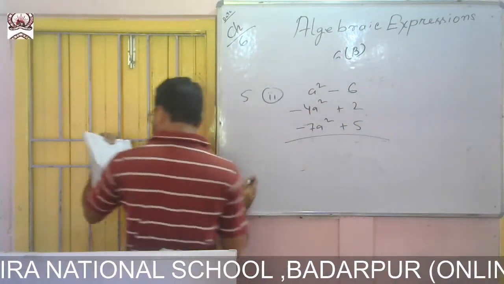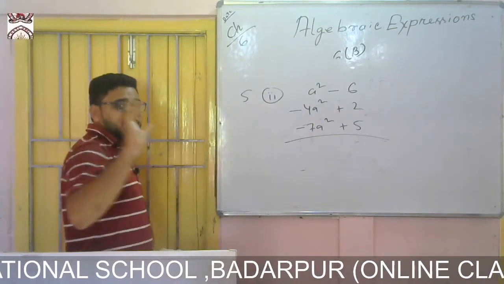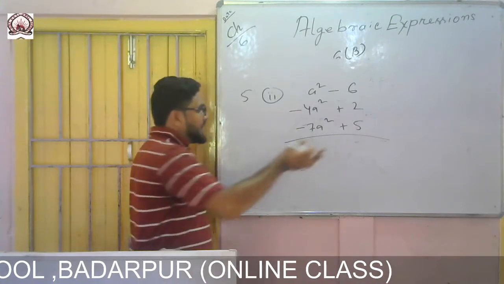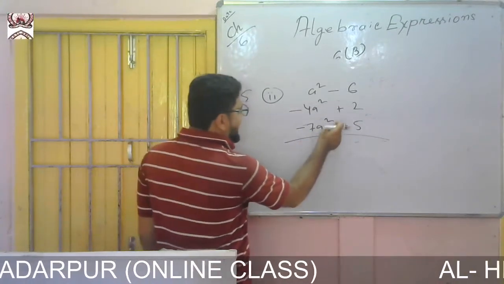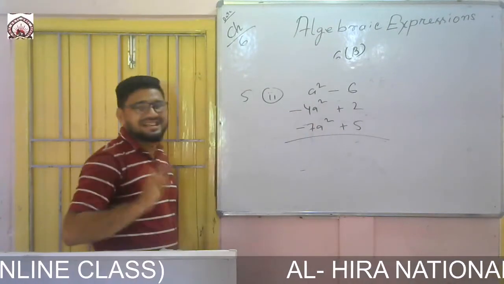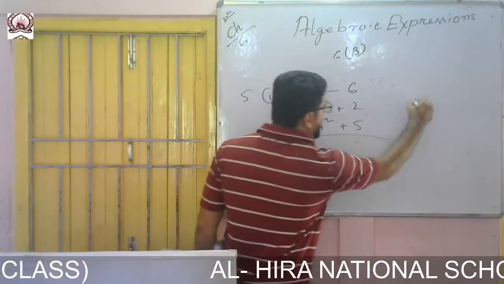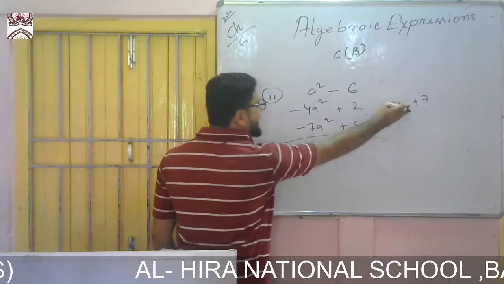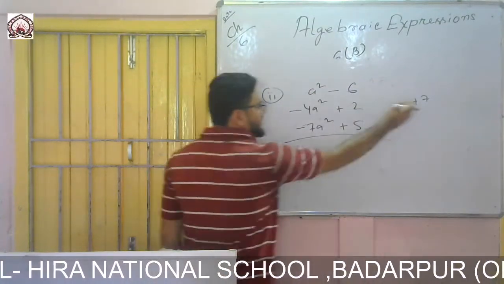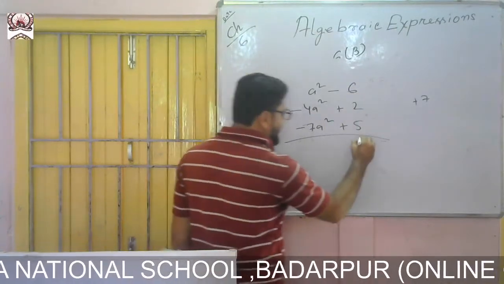First you solve the constants. Plus plus, plus. So 5 plus 2, it is 7. Here we got plus 7. Then plus 7 minus 6, plus minus, minus. So 7 minus 6 is 1. So you write 1.